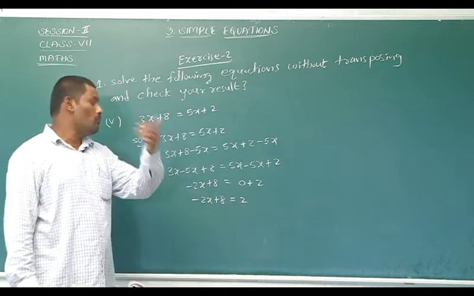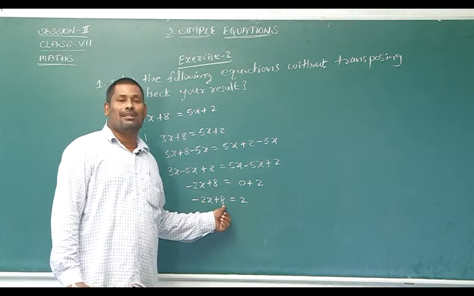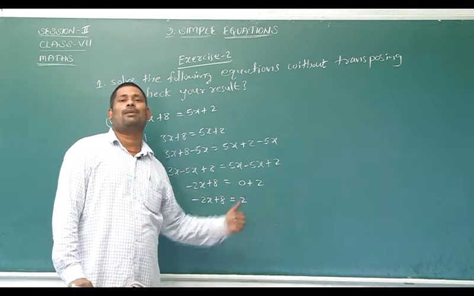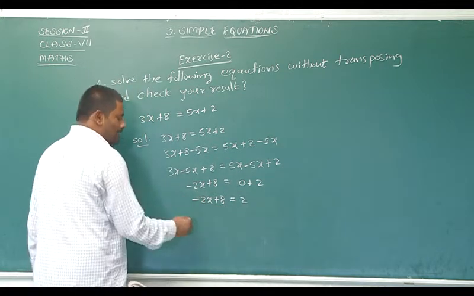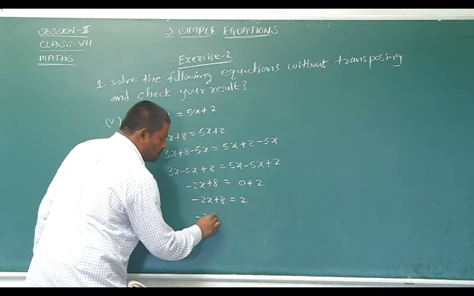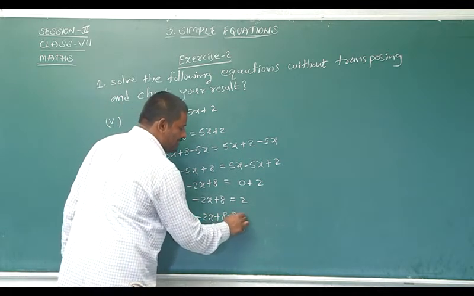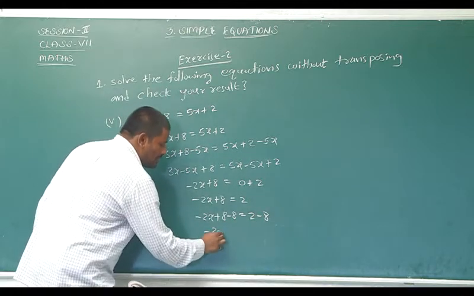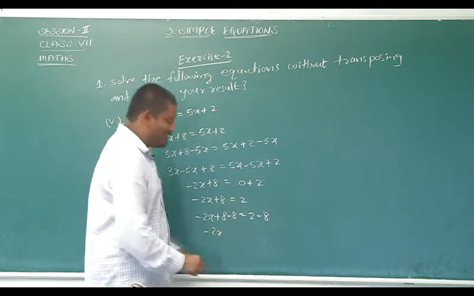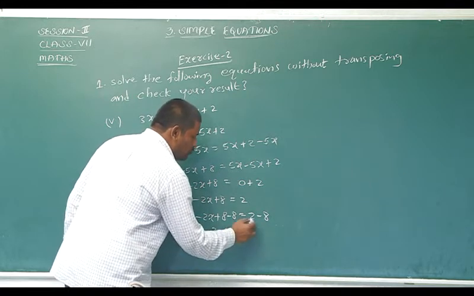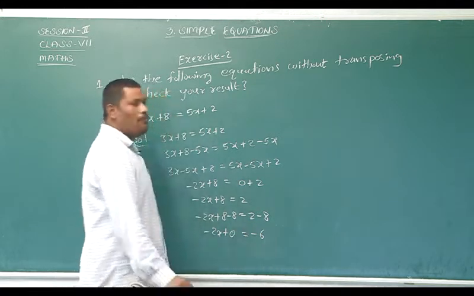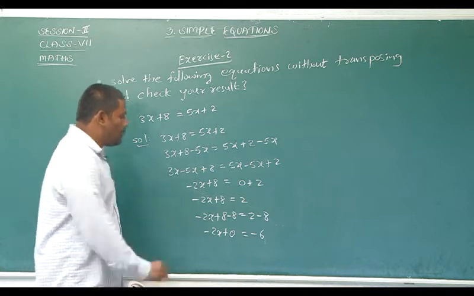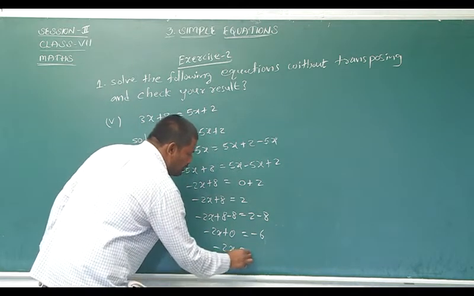Now I want to remove this plus 8, so I subtract 8 on both sides. Minus 2x plus 8 minus 8 equal to 2 minus 8. Plus 8 minus 8 gives 0, and 2 minus 8 gives minus 6. So minus 2x equal to minus 6.